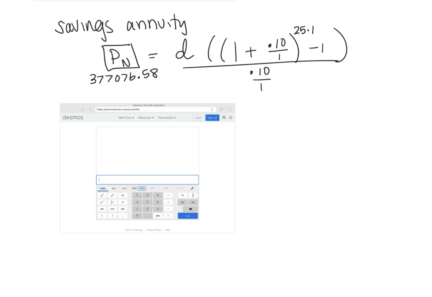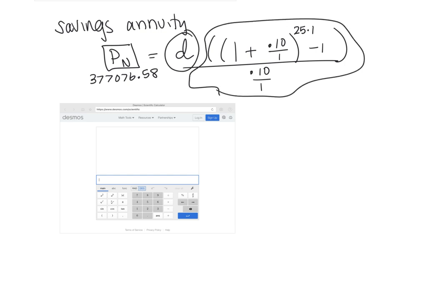Then we're going to plug that into our calculator, but notice that what we want to find is this payment amount, D. So this whole piece over here needs to go away. There are a few ways to make that go away. To me, the easiest thing is just to divide by that.